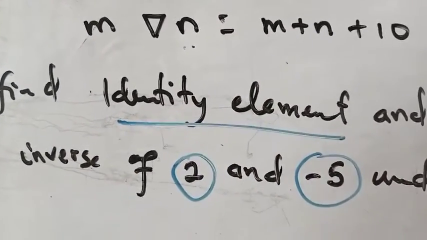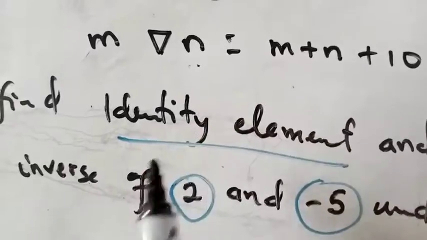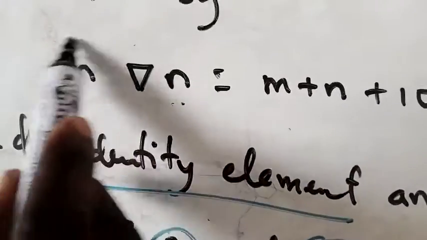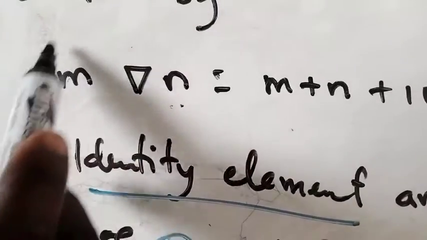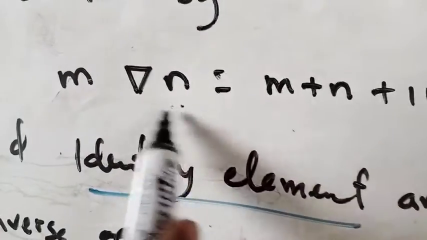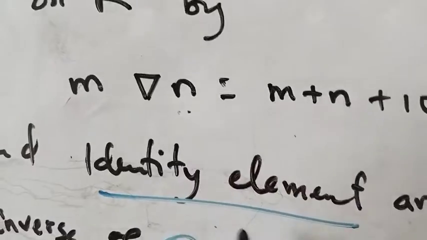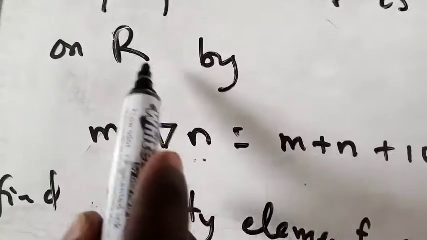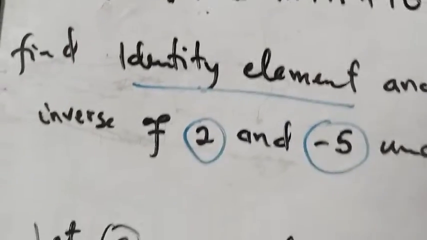Someone can choose to go for N, nobody cares about that. All that matters is that if you are using a different variable, apart from the one given to you, you have to say that it is coming from the set. It's very, very important. You don't want to pick anybody from anywhere.